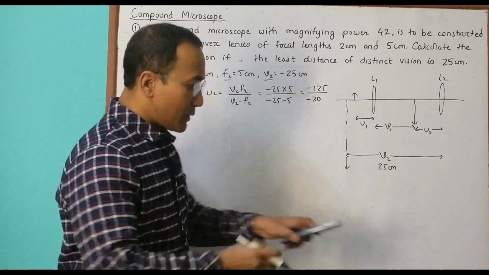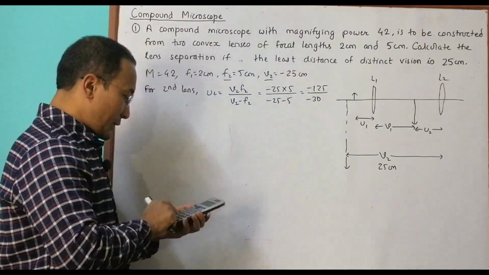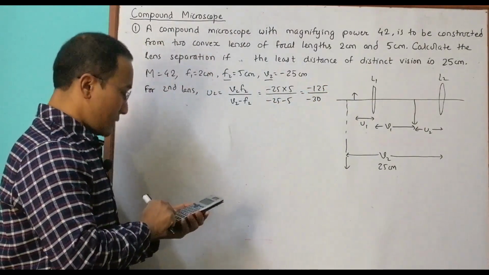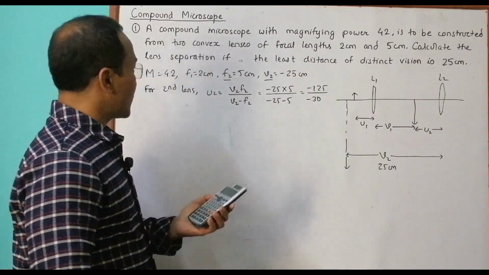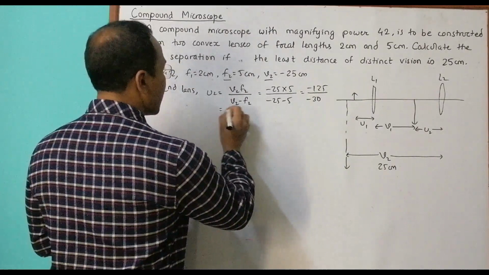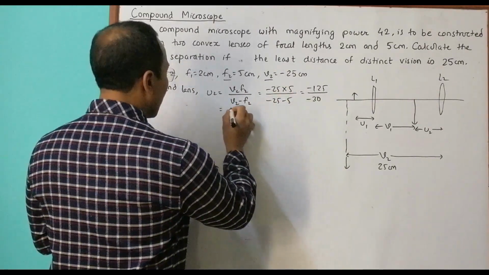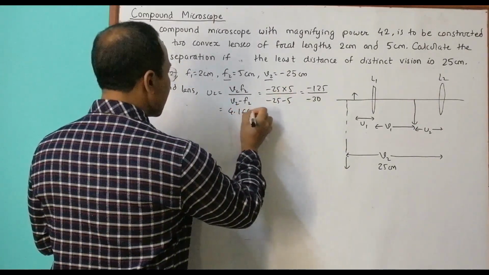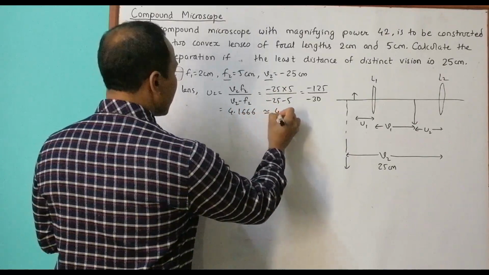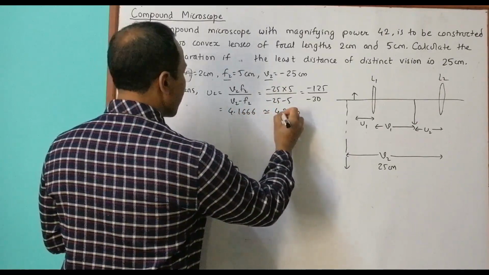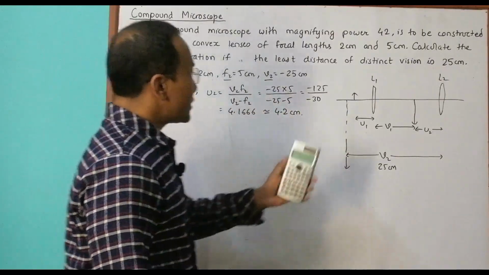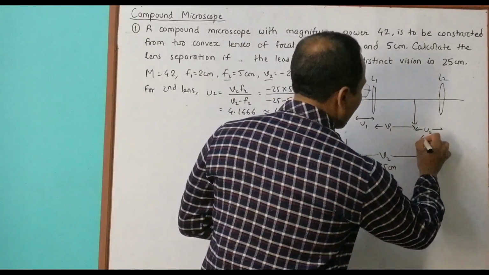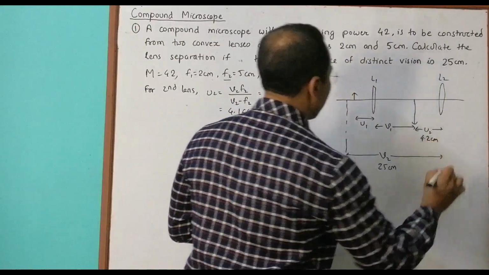Let me use the calculator: 125 divided by 30 equals 4.166 and so on. It comes out positive, 4.16666, so I write it as 4.2 centimeters. This is U2.